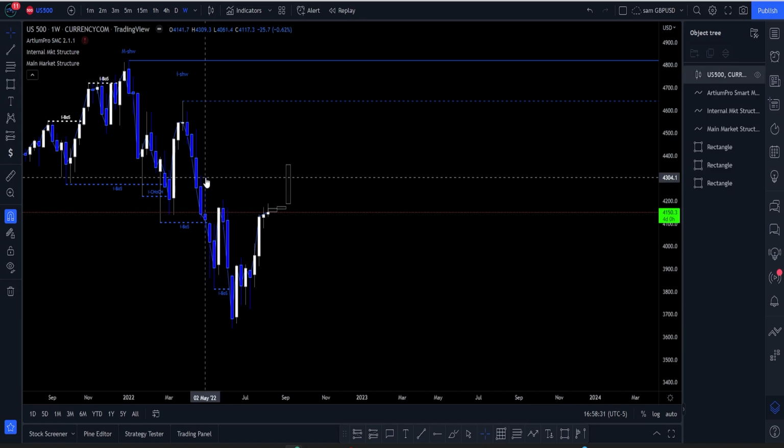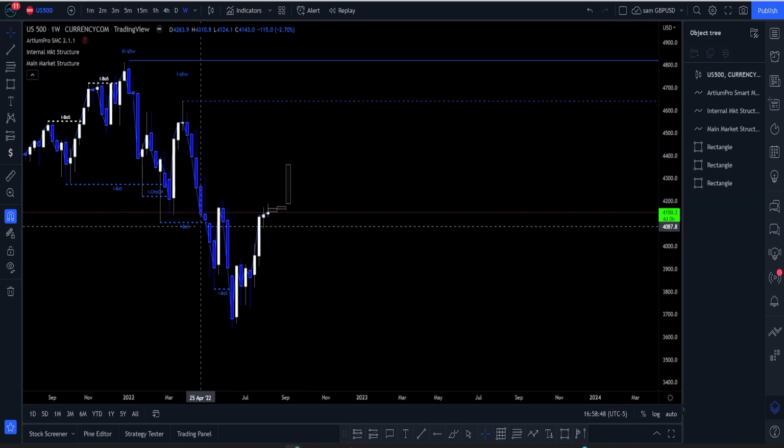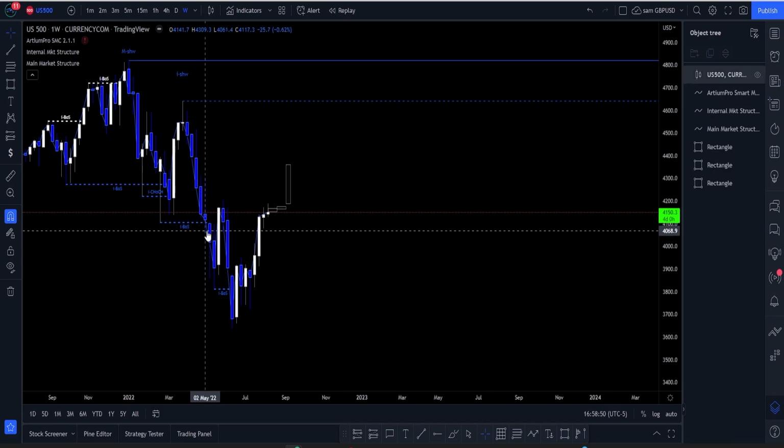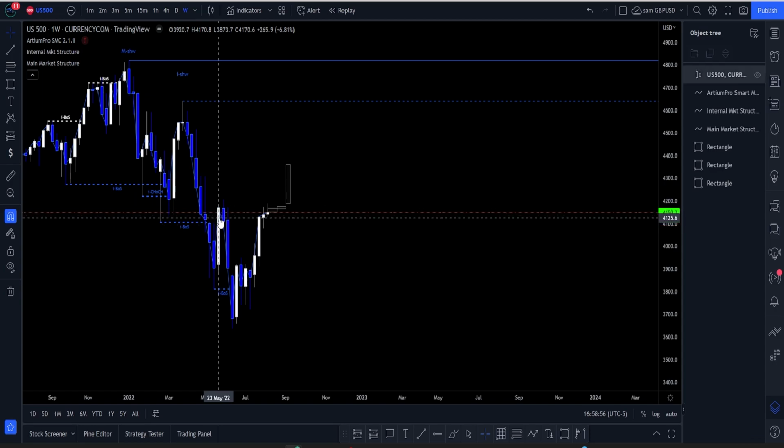Then you had selling pressure towards the end of the week. It went all the way back down and closed in a red candle. It probably opened this week, went down, caused this break of structure. People were in sales. It reversed, went all the way back up to the top of this wick before reversing and closing back down here at the bottom.